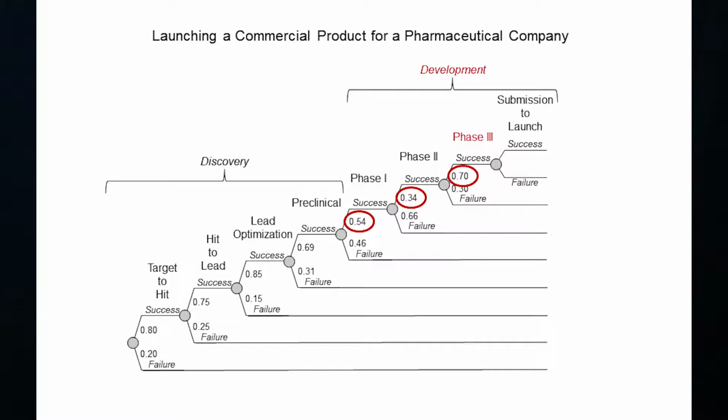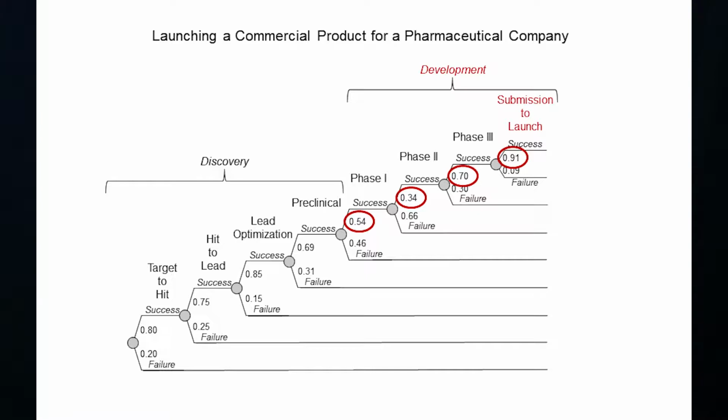While Phase 3 studies are in progress, preparations typically are made for submitting the Biologics License Application, the BLA, or the New Drug Application, the NDA. And the last stage includes the submission for regulatory approval and work to prepare for the commercial product launch.